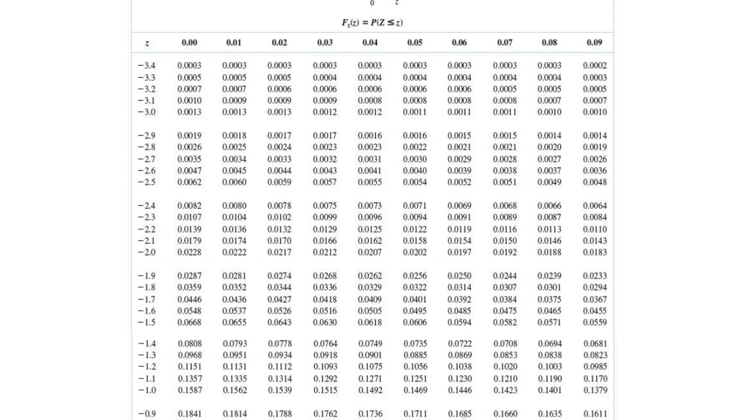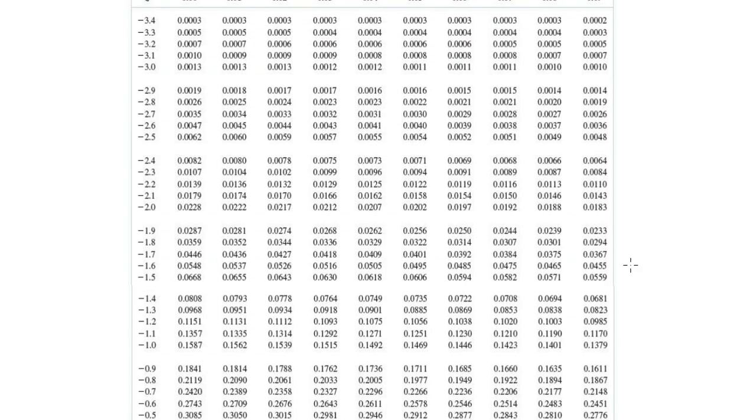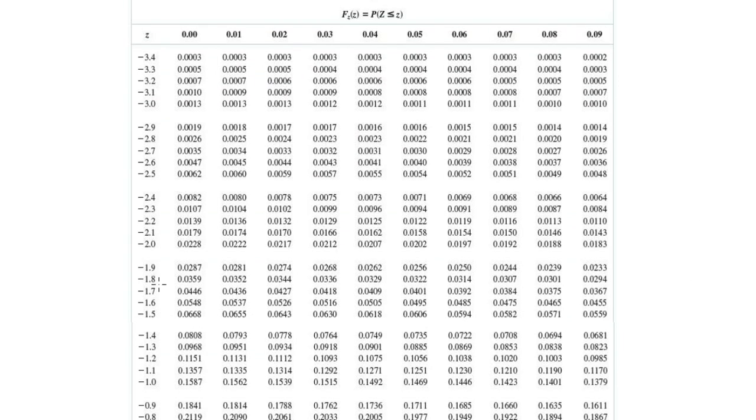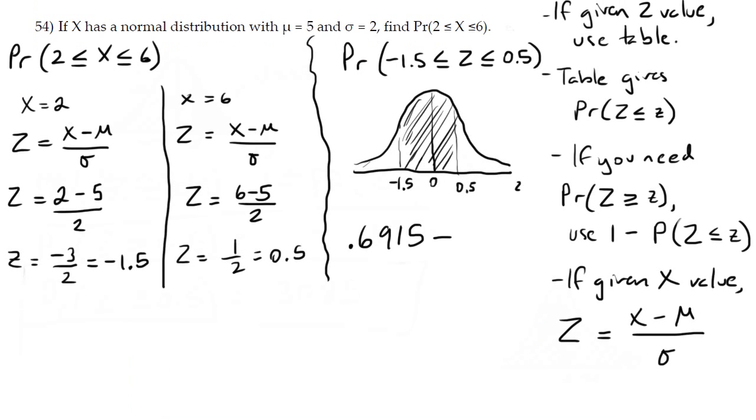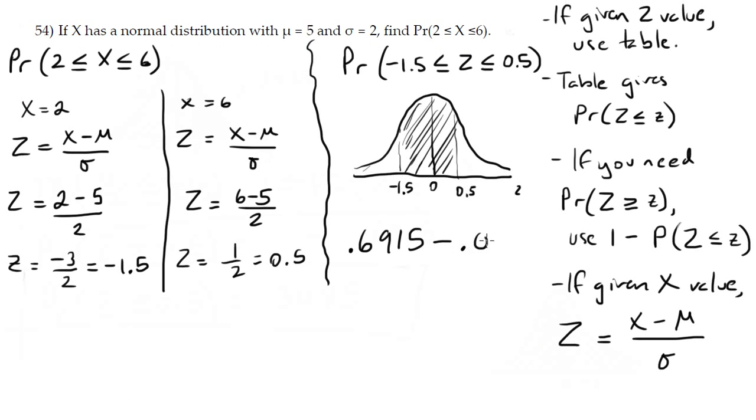Let's go back to the table. Negative 1.5 is here, it's 0.0668. If I subtract these two values, I will get the probability that my z value is in between these two.